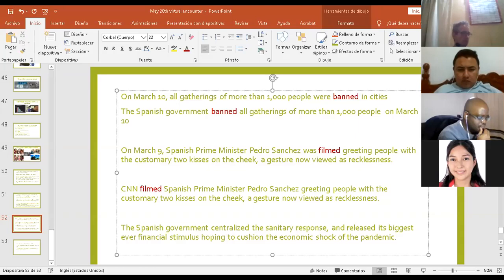We have two verbs. Centralize and release. Exactly. So we have two objects.